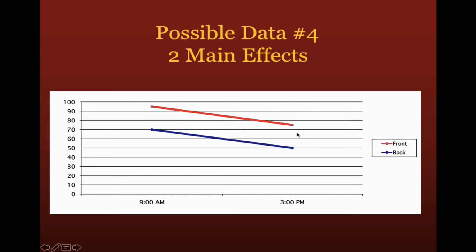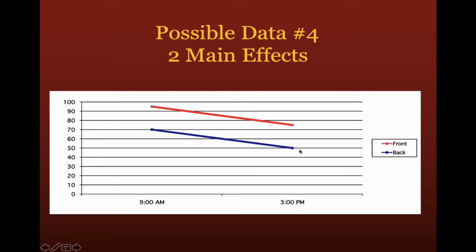For our 3 o'clock class, we're averaging, this looks like 75 and 50. So that puts us at like 62.5, right? So we had 82.5 and 62.5. So because those are different, we can say we have a main effect of time of day. So that students in the 9 o'clock class, M equals 82.5, had higher grades than students in the 3 o'clock class, M equals 62.5. So again, we're just taking the average of our 9 o'clocks and comparing it to the average of our 3 o'clocks.